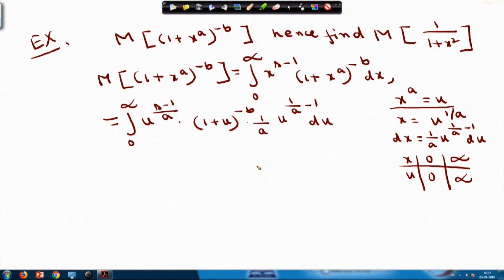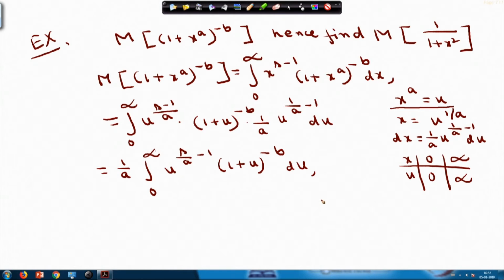If I simplify this, it will be equal to 1 by a outside, the integral from 0 to infinity of u to the power s by a minus 1 into (1 plus u) to the power minus b into du.